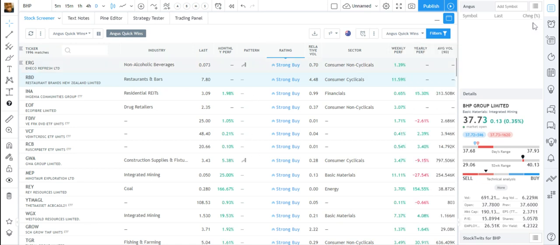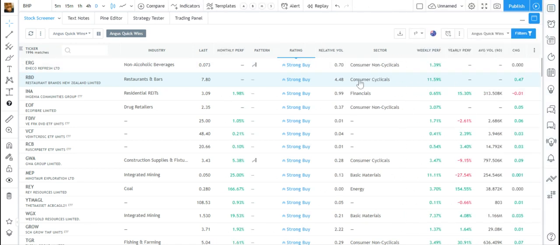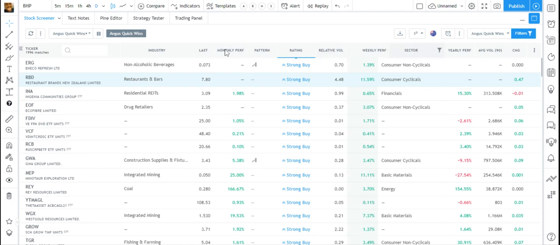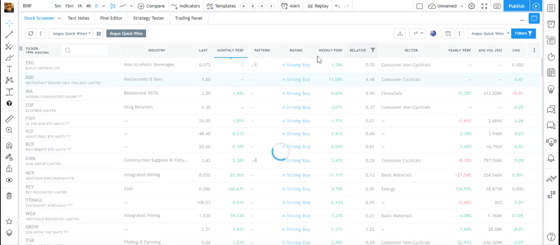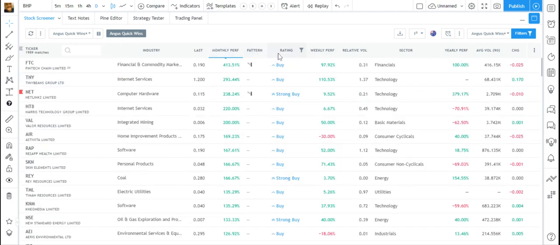All right, let's see how I've gone. So I'll just shrink this one over a bit. So what I want to do is I've got the last price. I want to have, that's not the right change because I want the percentage. So I want weekly performance. I'm going to move over here. You can see I just move it by dragging. Sometimes it works, sometimes it doesn't.